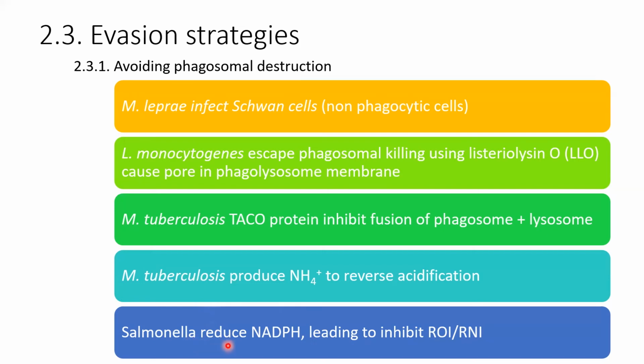And Salmonella can reduce the production of NADPH and inhibit reactive oxygen species and reactive nitrogen species. Pseudomonas as well can interfere with phagocytosis and the production of ROS and nitrogen species.